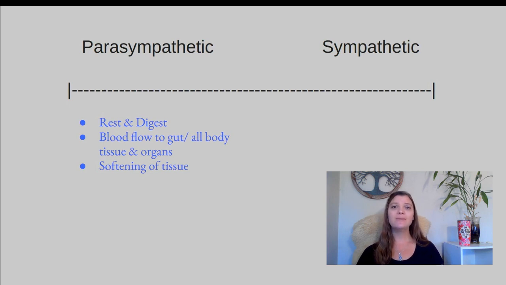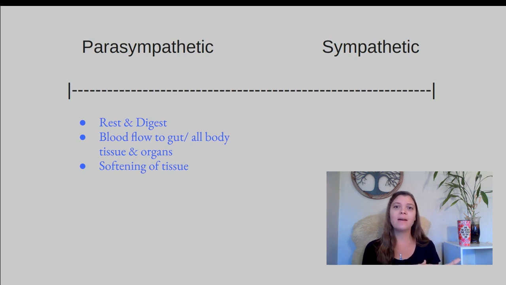Now, in the connective tissue, when it's in the sympathetic aspect, it becomes more tensile. And so when we go into the parasympathetic, that tensile aspect, that whipcord strength of the connective tissue gets to soften. And the function of that is that the connective tissue doesn't have a direct blood supply within the tissue.